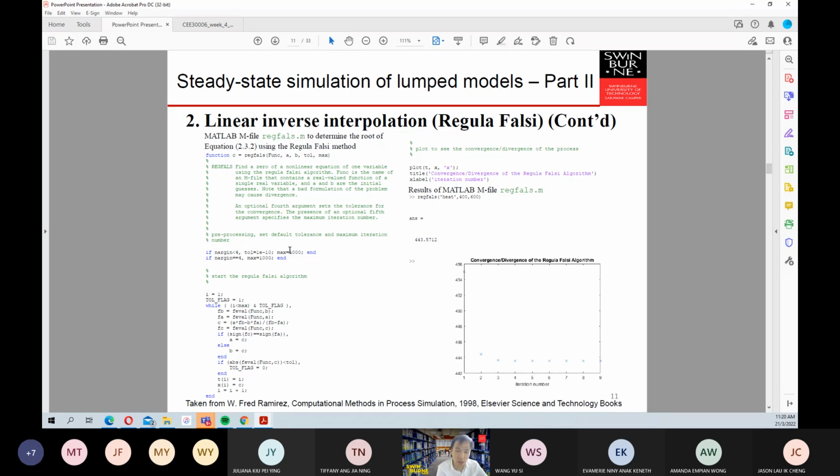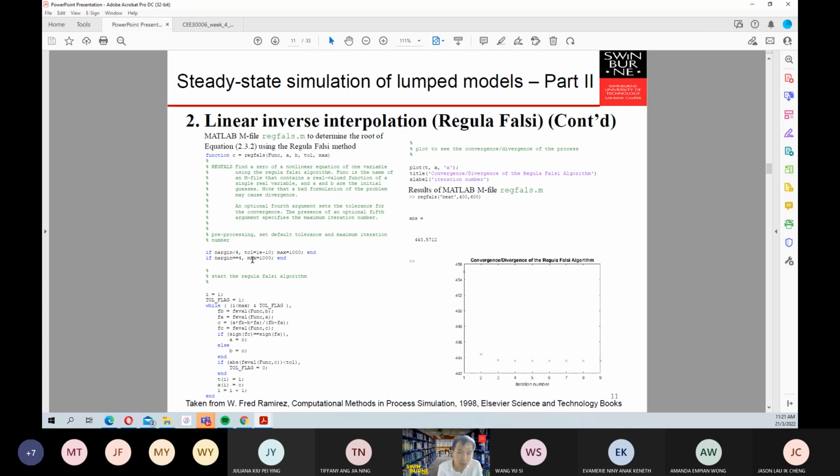Therefore, the code in here is: if the number of input arguments is less than 4, meaning you provide only 3, the function, A and B, then it will automatically set the tolerance and the maximum iteration. If your number of input arguments is 4, which means you supply the function, A, B, and the tolerance, it will set the maximum iteration.